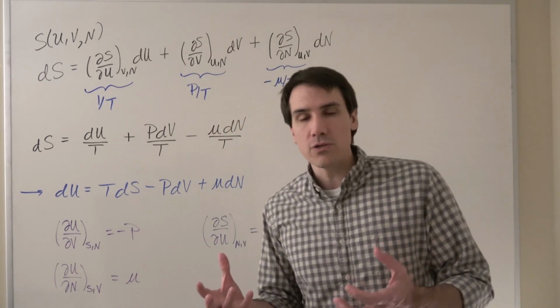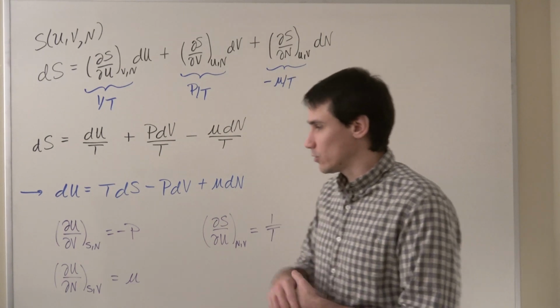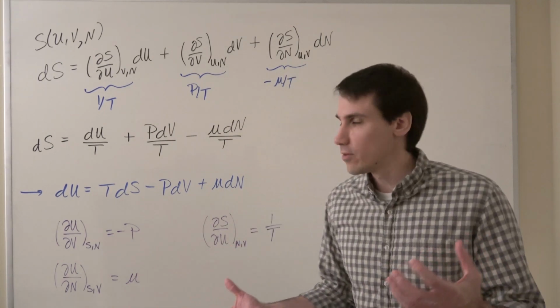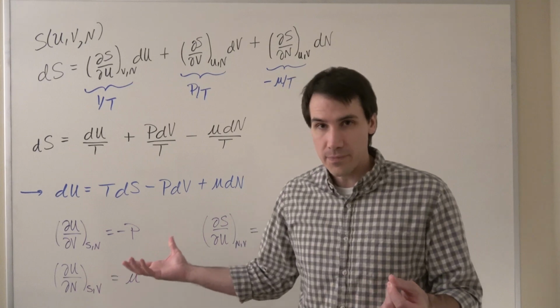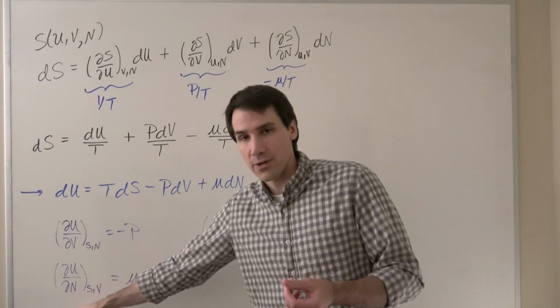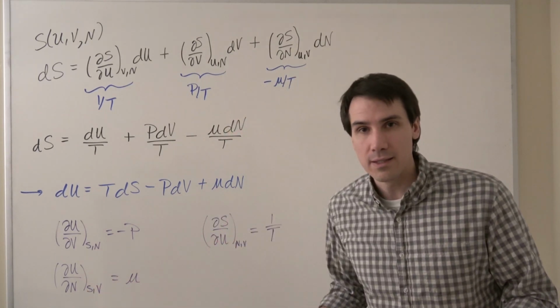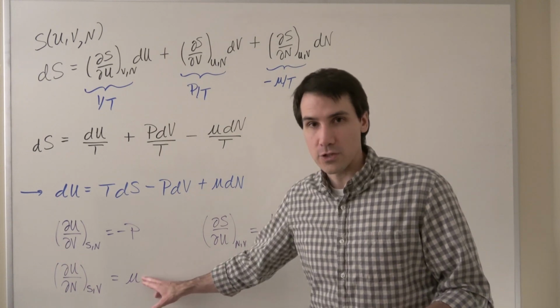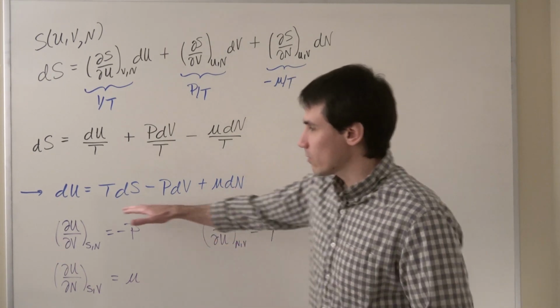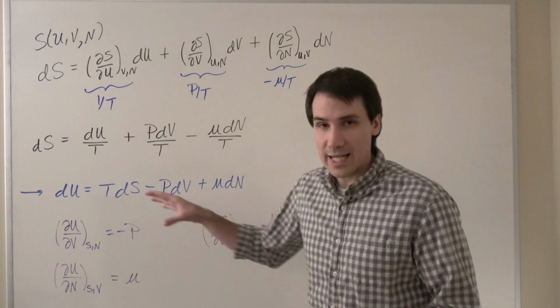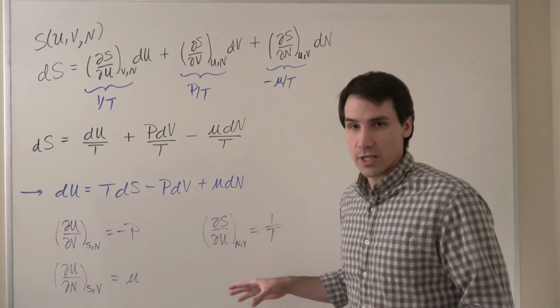So this can be really useful if, for example, we have a good way of writing down the energy of a system in terms of the number of particles, and we would like to find the chemical potential. So if you know this, you can find any of the derivative relationships that you want.